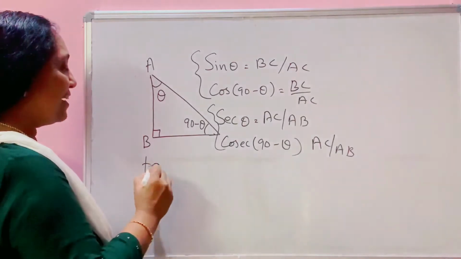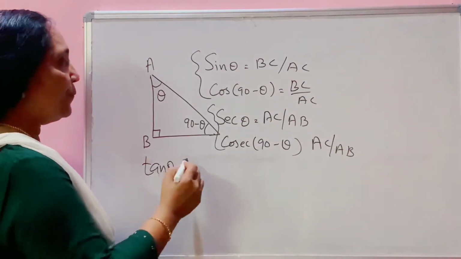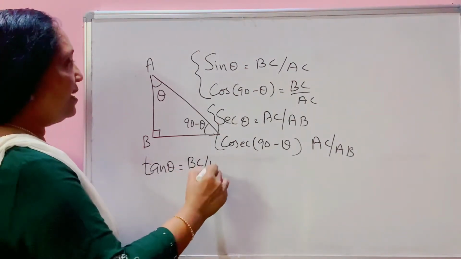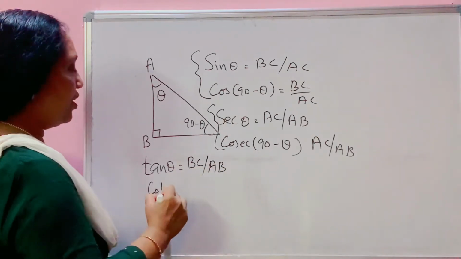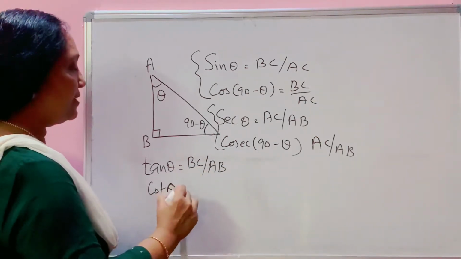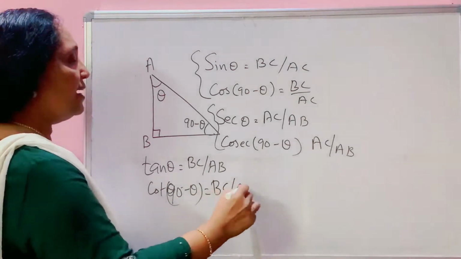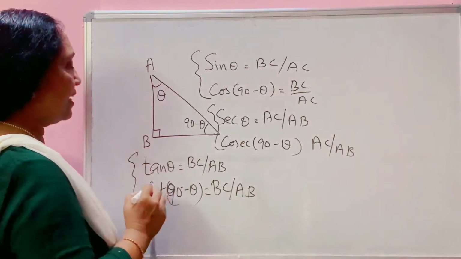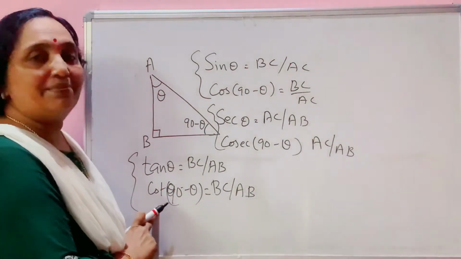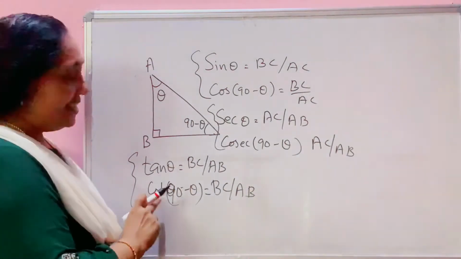Then tan theta. Tan theta is equal to BC by AB. And what about cot of 90 minus theta? Cot of 90 minus theta is also BC by AB. That means we can say that tan theta and cot of 90 minus theta are equal.